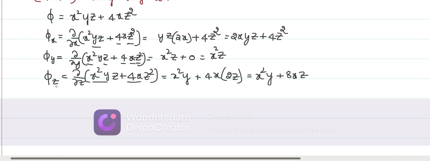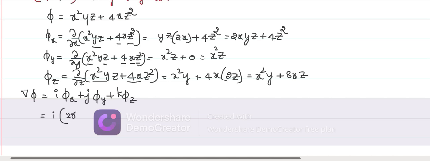Right? So now let us calculate the gradient of phi. What is that? It is i into dou phi by dou x plus j into dou phi by dou y plus k into dou phi by dou z. So this is the formula. So this is equal to i into, what is dou phi by dou x?